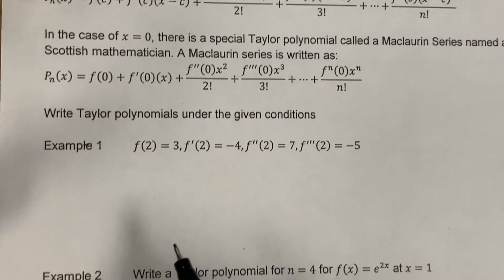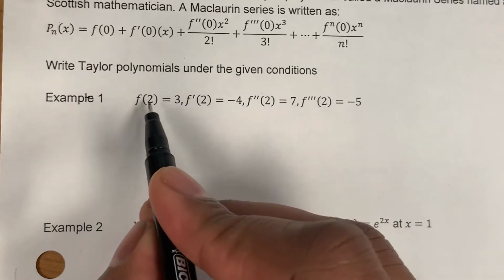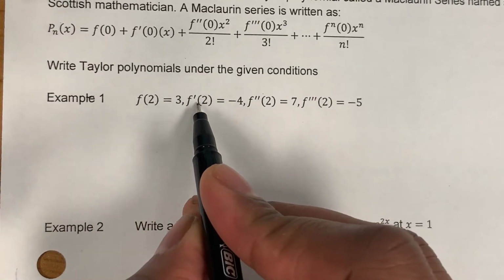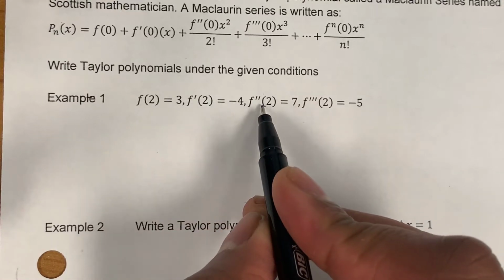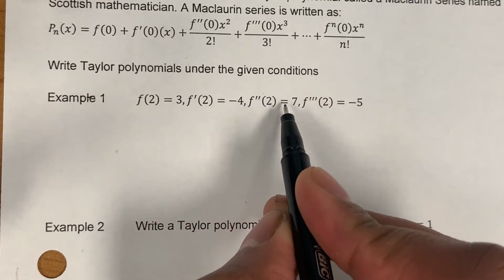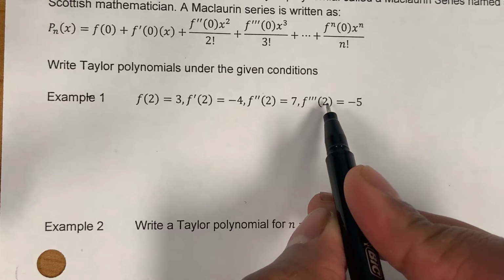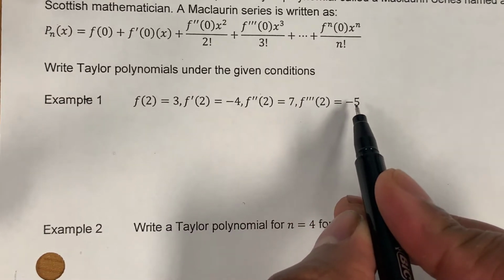So for example 1, we have f of 2 is 3, f prime of 2 is -4, f double prime of 2 is equal to 7, and the third derivative evaluated at 2 is -5.